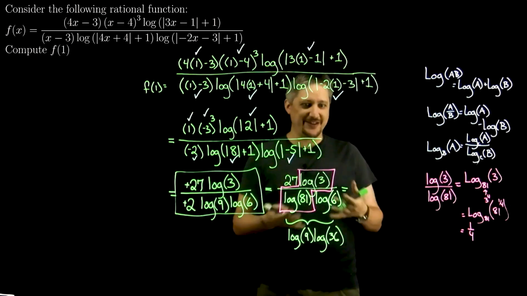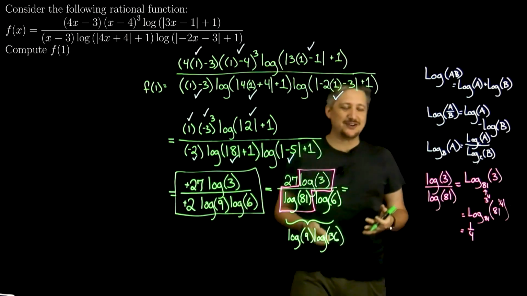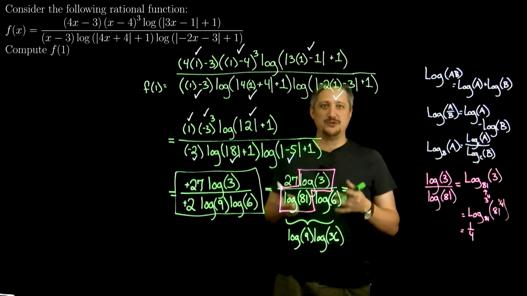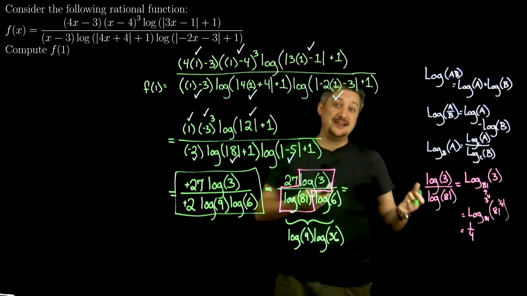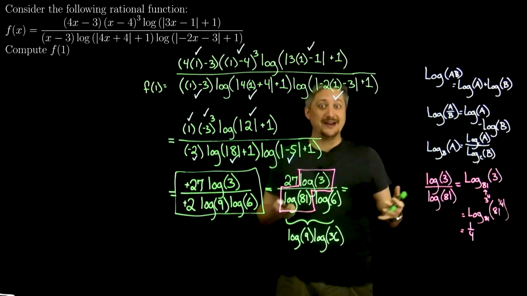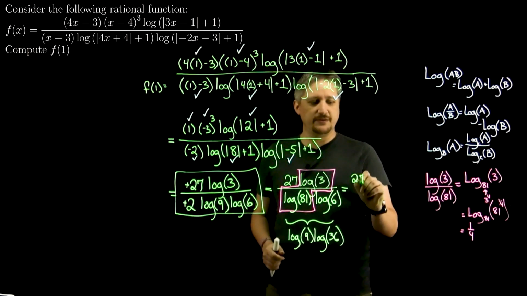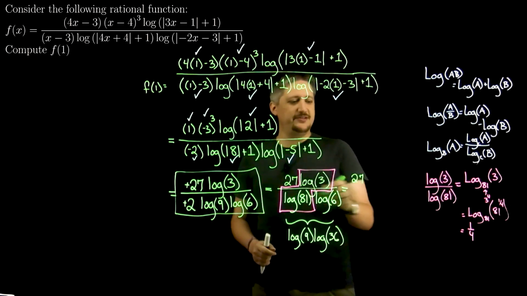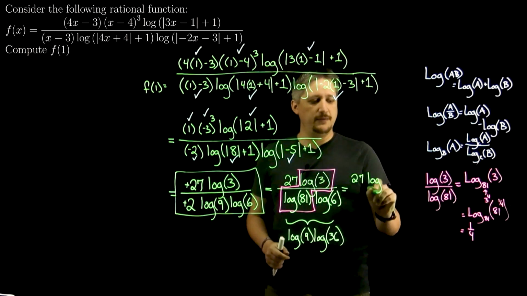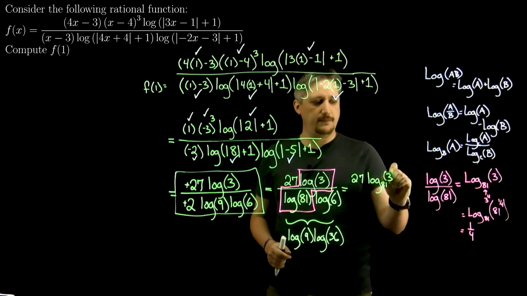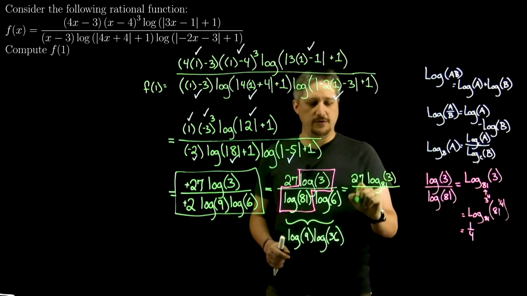I'm just showing you that this is one of those things where it is actually hard, especially with things like logs, to see how to get from one format to another. So here I could have 27, convert these into log base 81 of 3 all over log of 6.